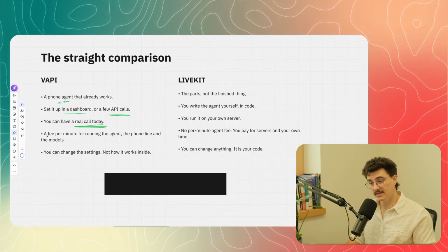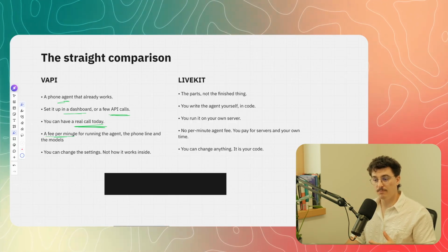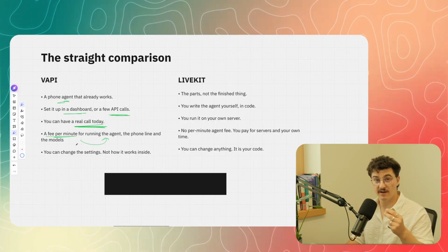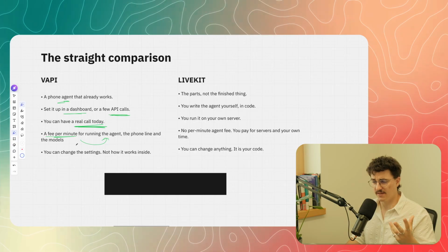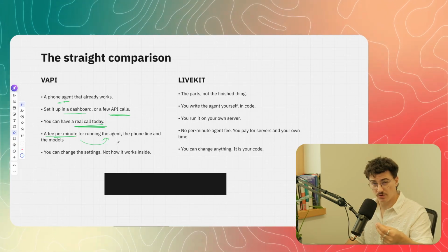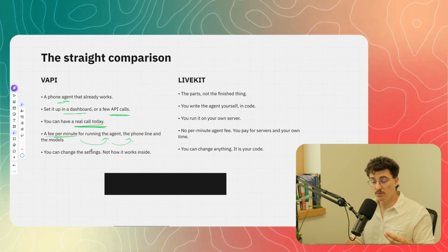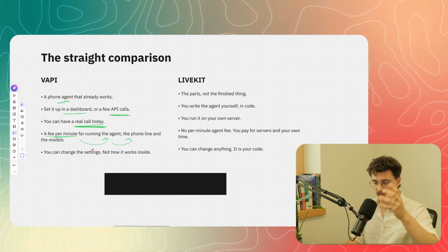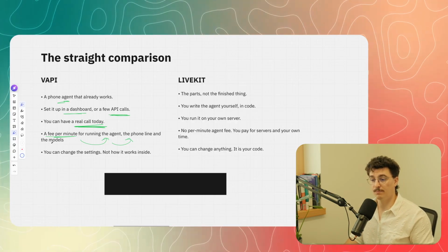But for this ease, Vapi is charging you a per minute fee for running the agent for you, for their platform. They are charging a platform fee. 5 cents, I think it's at the moment. Don't quote me on that. But then in addition to that, you pay the phone line, which is normally your carrier. It's on its own, so it's either Twilio or Telnyx or whatever. And then you also pay the model.